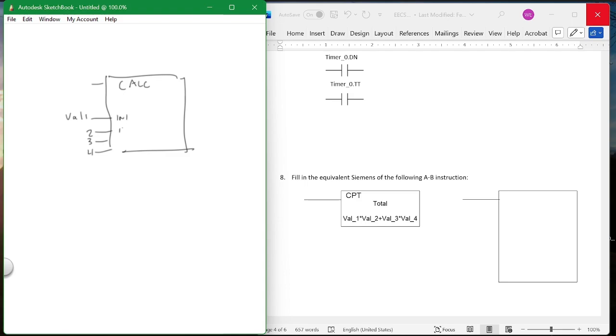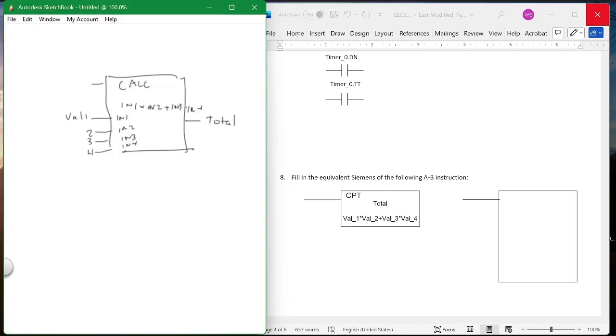And these are N1, N2, N3, and N4. And you have your equation up here, N1 times N2 plus N3 times N4. And you have an output that is the word total. And you're done.